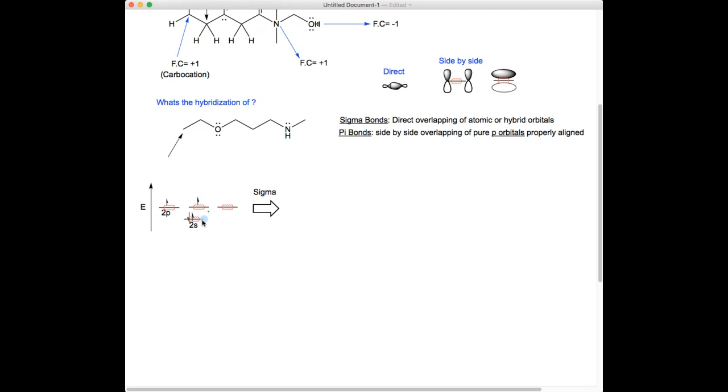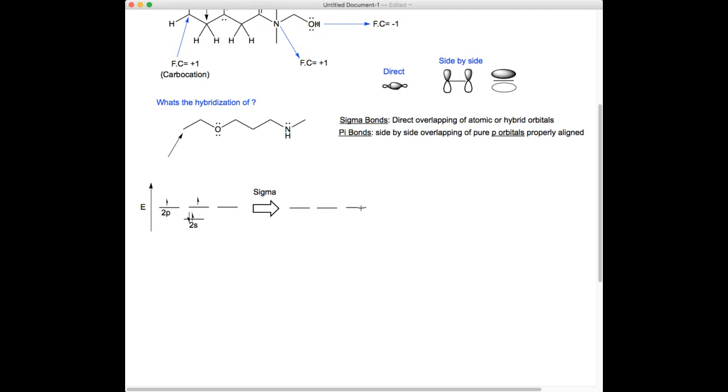If we combine 1 s and 3 p, so if we combine 4 atomic orbitals, how many hybrid orbitals do we get? We always get the same number, right? The same number of atomic orbitals that we combine, the same number of hybrid orbitals we get. Something we also went over in the previous class. So if we combine 4 atomic, we'll get 4 hybrid.